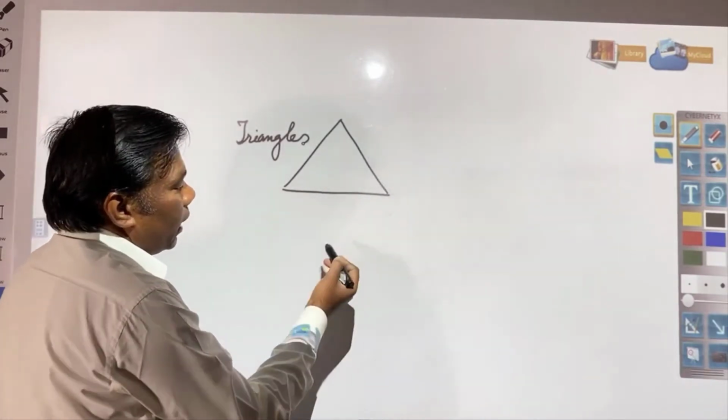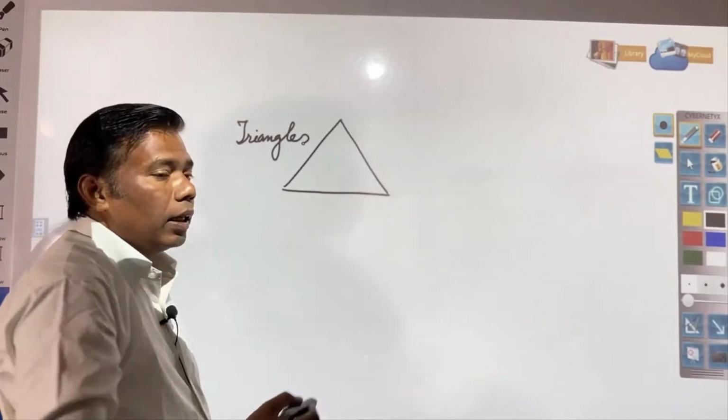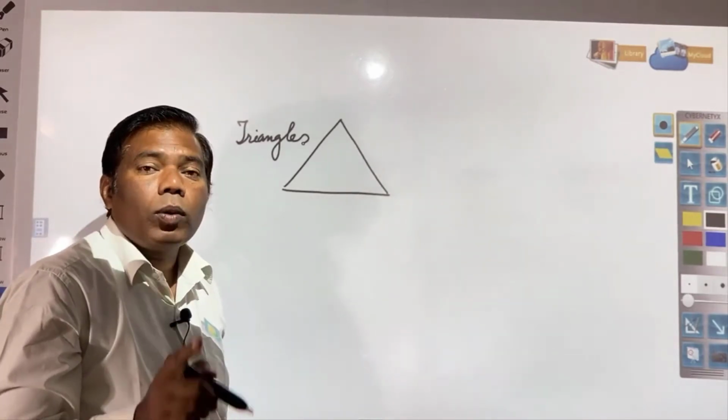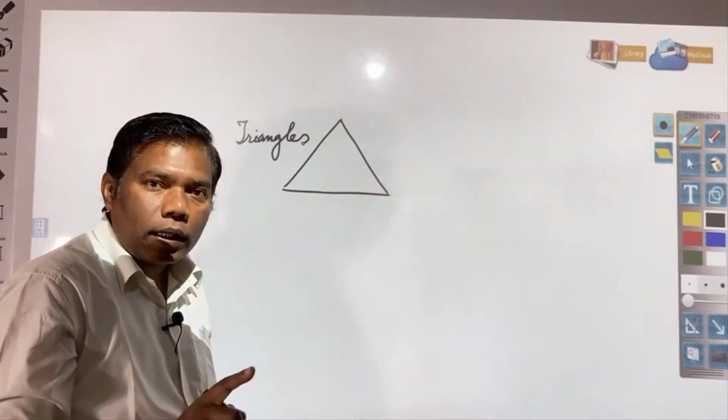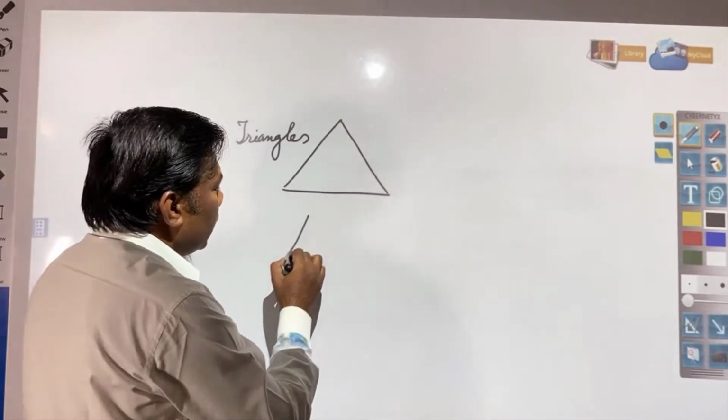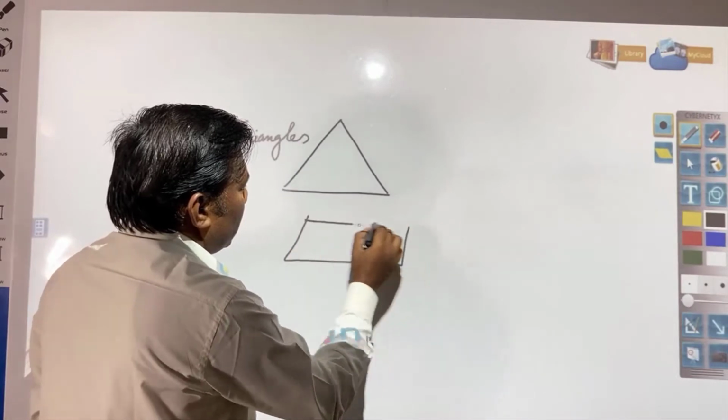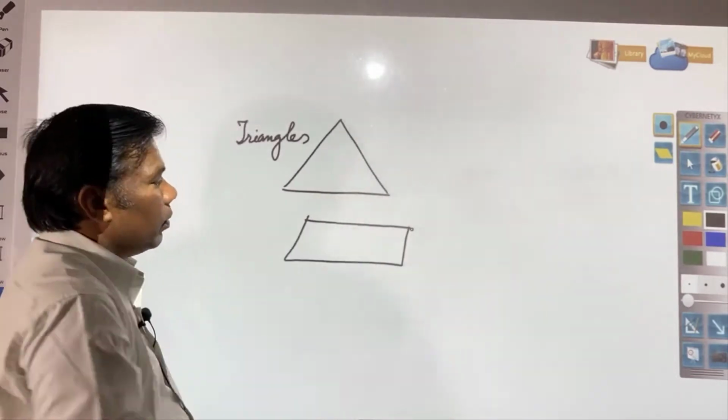Then you have the rectangle. What is a rectangle? A rectangle is a quadrilateral. What is a quadrilateral? An enclosed figure having four sides is called a quadrilateral. Suppose this figure, the name can be given ABCD.